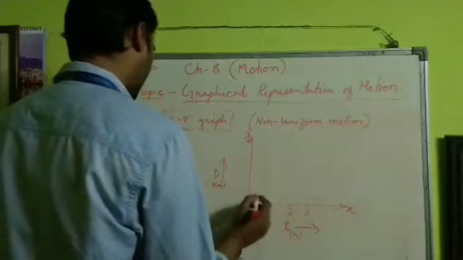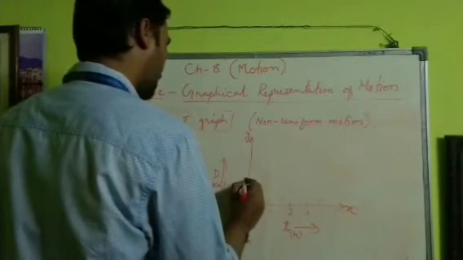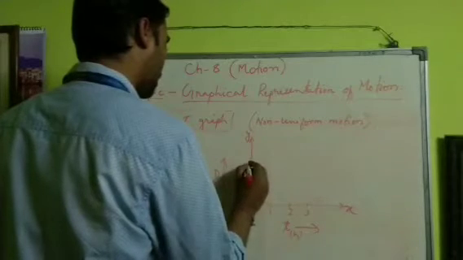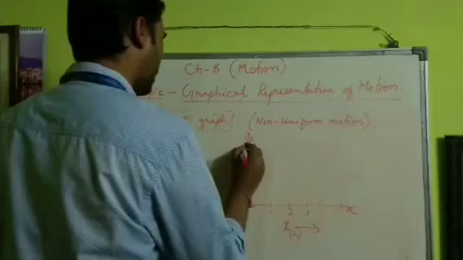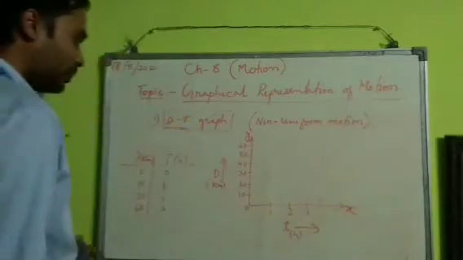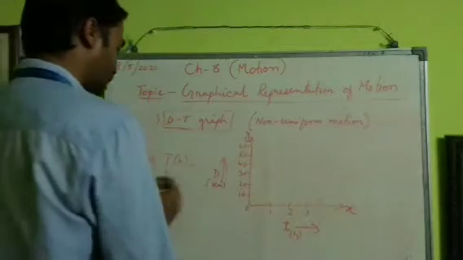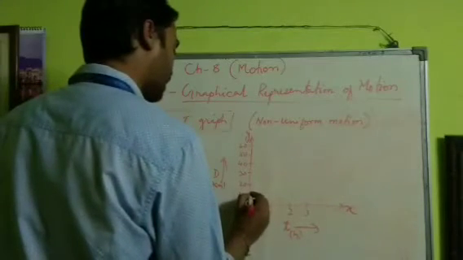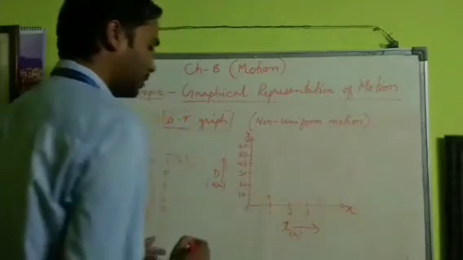Here we have to take this is 10, this is 20, this is 30, this is 40, this is 50, this is 60. So at the end of first 1 hour, what is the distance cover? It's 10 kilometers. So let us take this point first.